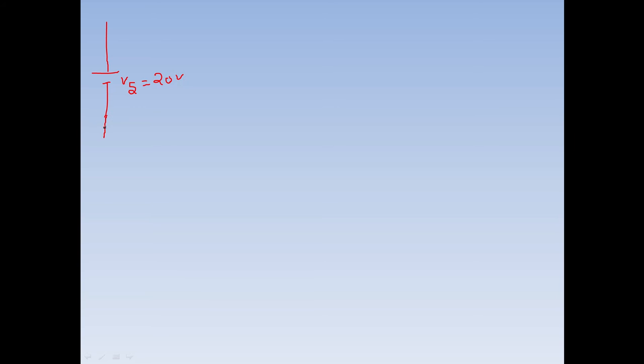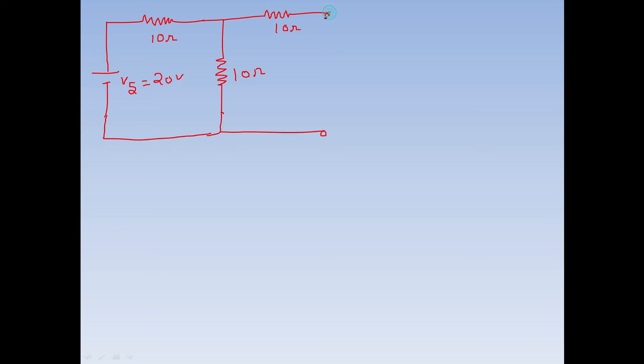There is a 10 ohm resistance, then another 10 ohm resistance, another 10 ohm resistance, and another 10 ohm resistance. And this one is our VTH, the Thevenin equivalent voltage.